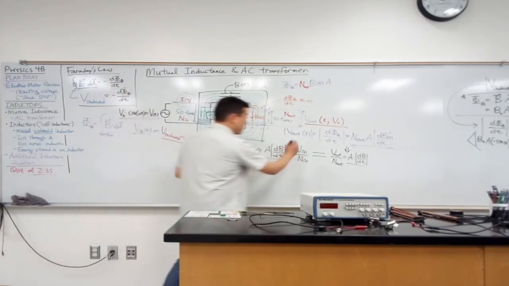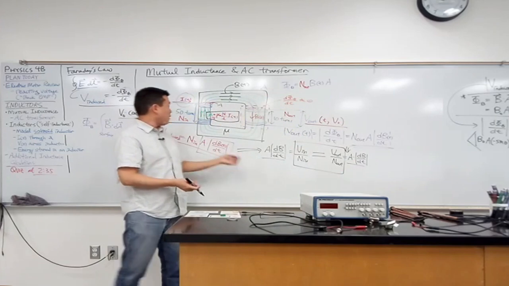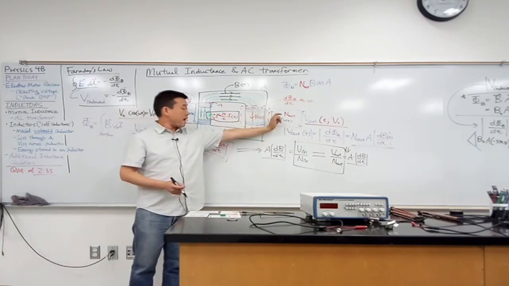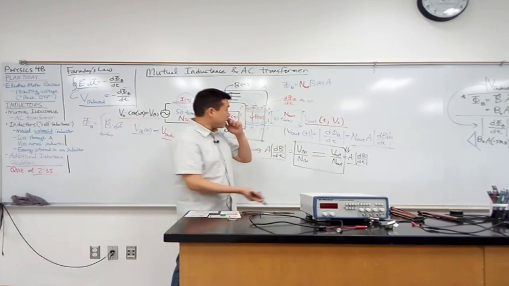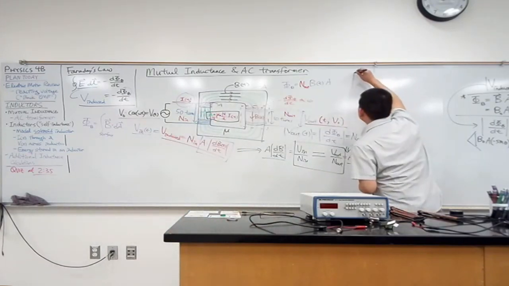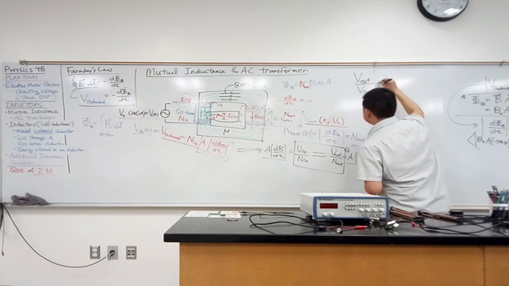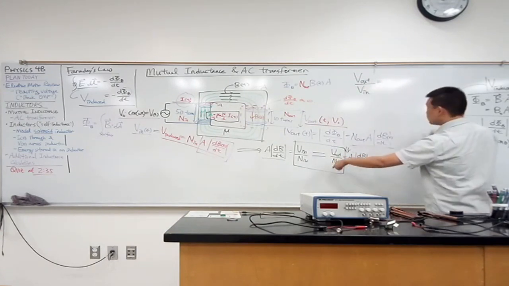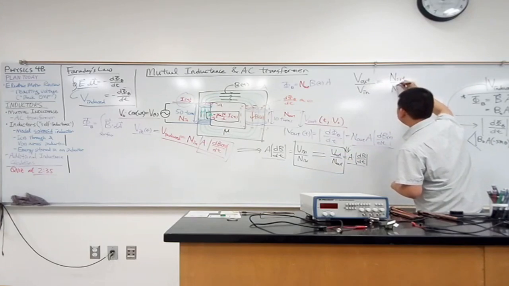Okay. So this is the transformer relationship, that the voltage in and voltage out are very simply related by the number of turns. So the ratio of V out over V in is equal to N out over N in.